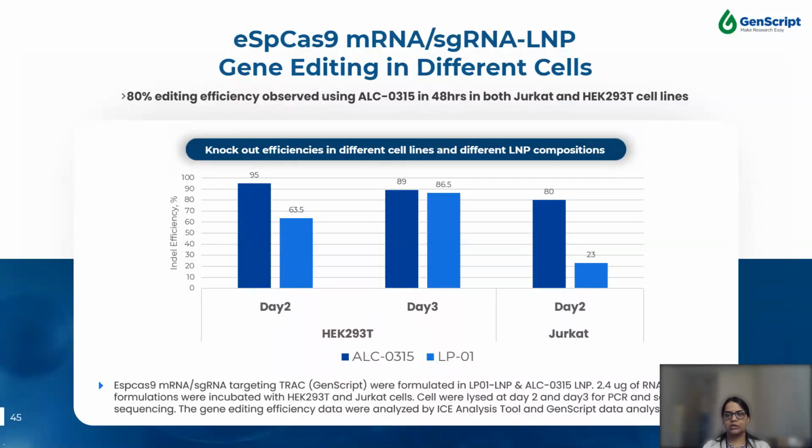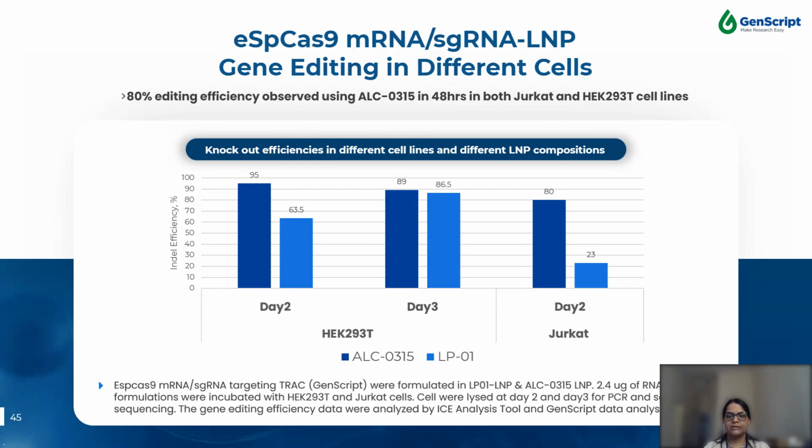So here the study was carried out with two different LNP formulations generated. One is ALC0315 and the other LP01, and 2.4 microgram of each LNP formulation were incubated with HEK cells and Jurkat cells. And cells were lysed at day 2 and day 3 for PCR and Sanger sequencing, and the gene editing efficiency data were analyzed using the ICE analyzer tools and GenScript software.